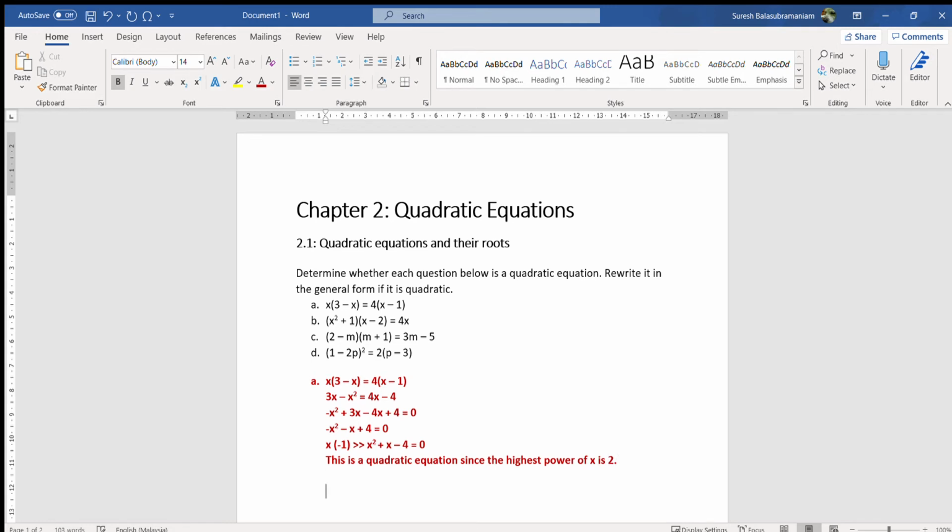Okay, moving on to question B. So question B is (x to the power of 2 plus 1) in bracket again (x minus 2) equals to 4x.